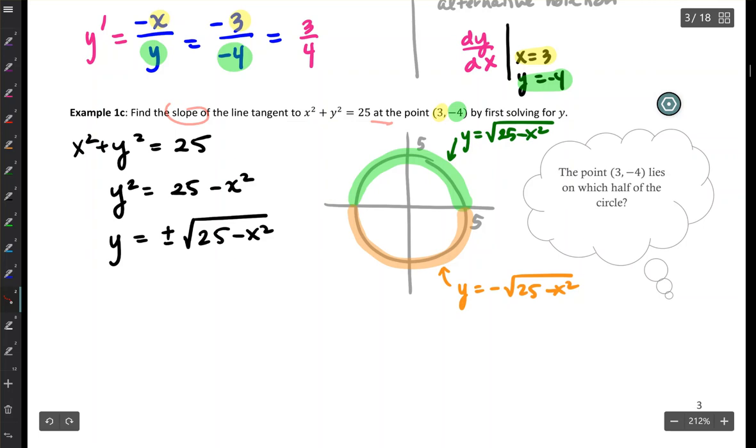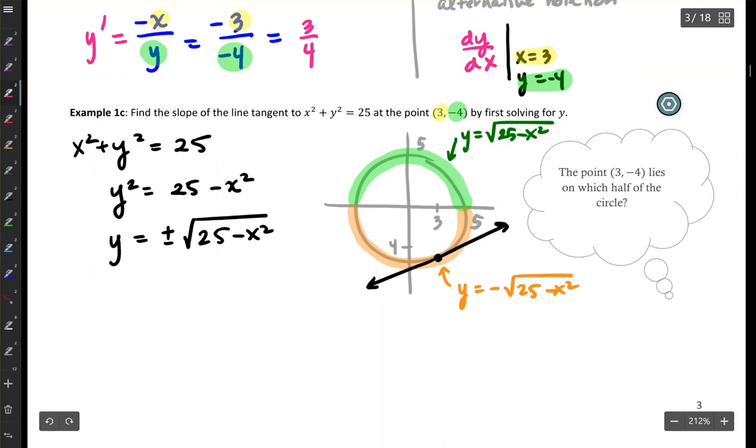Find the slope of the tangent line to this circle, x squared plus y squared is 25, at this particular point, 3, negative 4. But to do that, we need to understand that the point 3, negative 4 lies on the bottom half of this circle.